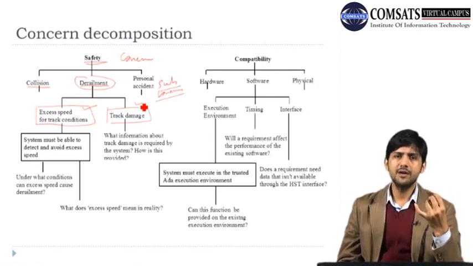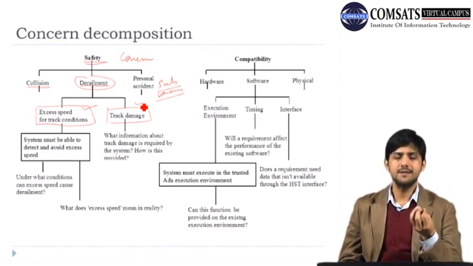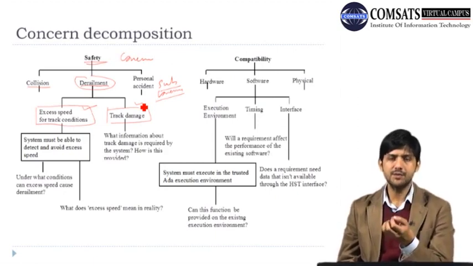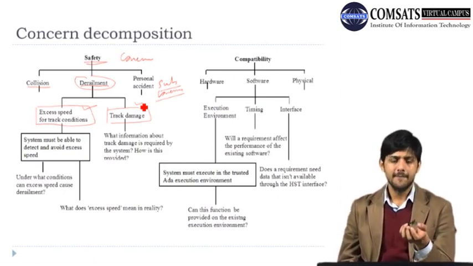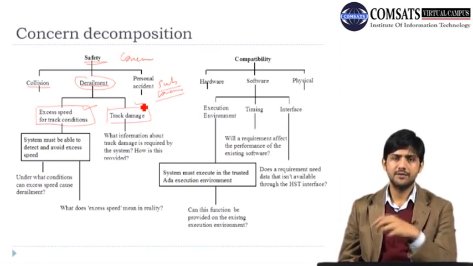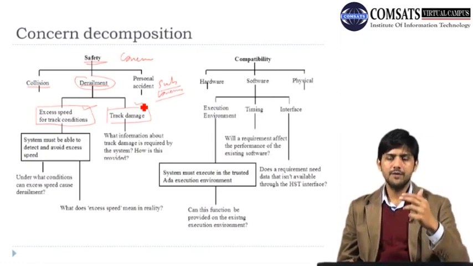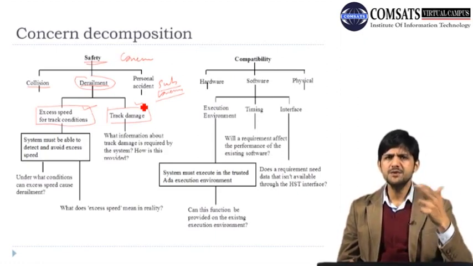So now we are trying to figure out what our system can actually do for these particular client needs or concerns. We are saying, okay, derailment can occur if there is overspeeding depending on the type of the track, and if the track is damaged. So these are the two main reasons. So we are trying to understand how my system should behave.